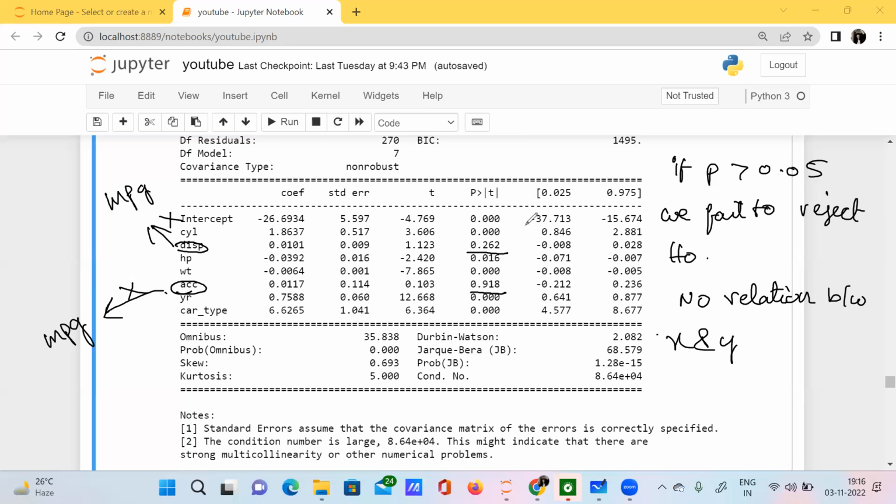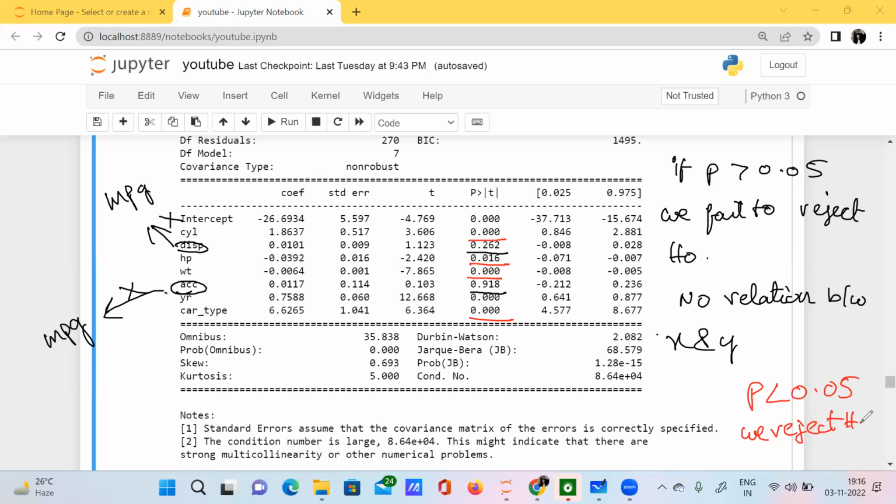Why? Because, just observe the rest of the coefficient p-values here. See here, the cylinder is having absolute zero value, and the horsepower is having 0.016, which is less than 0.05. And all the red lines are actually having p-values which are less than 0.05. What does that mean here? That means we reject the null hypothesis.